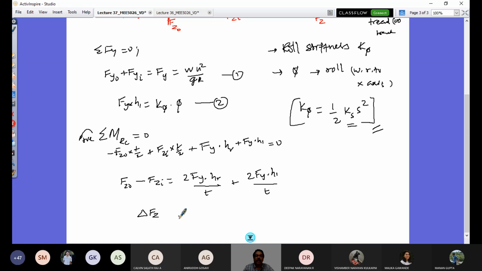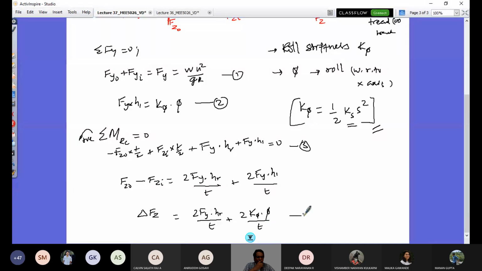That would be equal to 2Fy into HR by T plus 2. This we can look at from equation 2. So this is equation 3. From equation 2, I can replace this Fy into H1 by this K phi into phi by T. This is my equation 4.